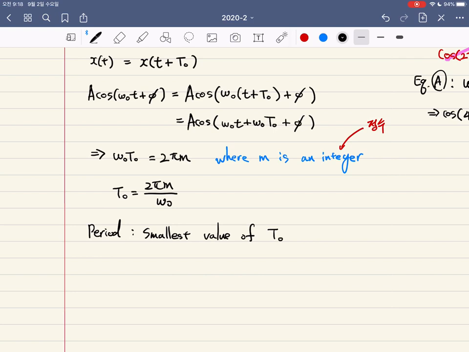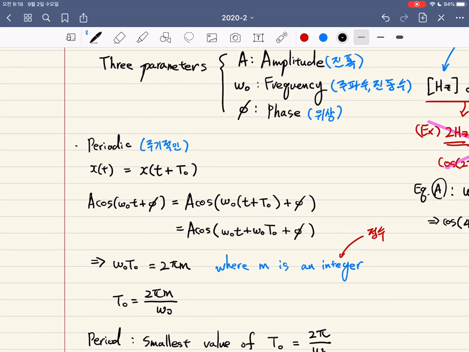And if you want to get the smallest value, how do we deal with m? M is an integer, and if you want the smallest value, m must equal 1, right? So you can say it's 2 pi over omega 0, which is a period.